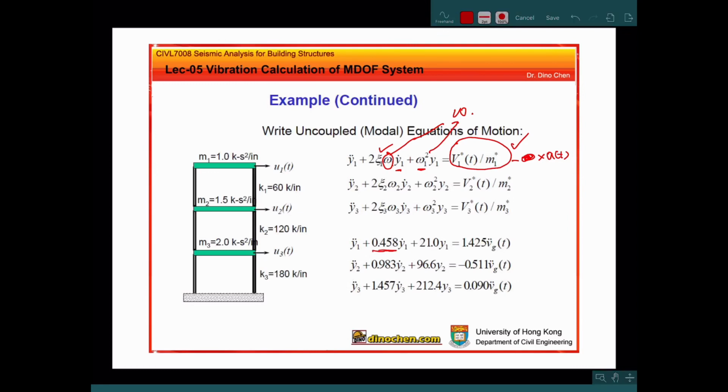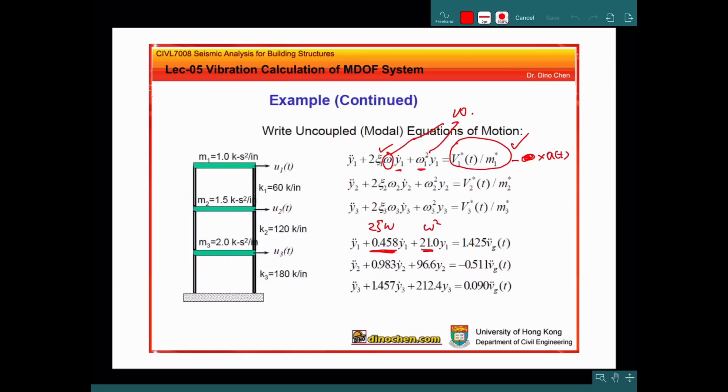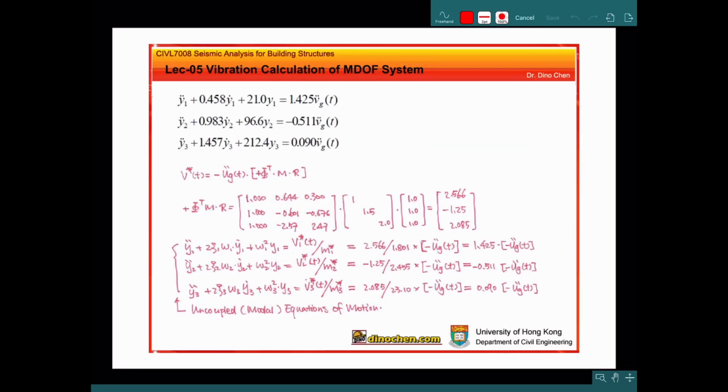This is the computation using 2 xi omega. This is omega squared, we already know. And this we already described before. You can see 1.425 is equal to this value minus m. So you can see in the next page.